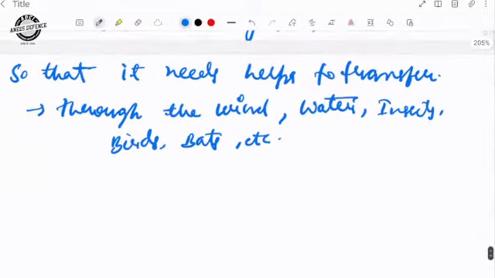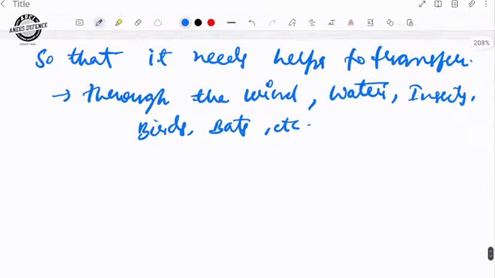There are different species of plants which adapt themselves according to their need. For example, some species of flowers are pollinated only through the wind.